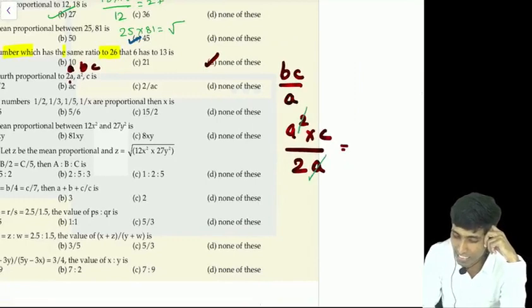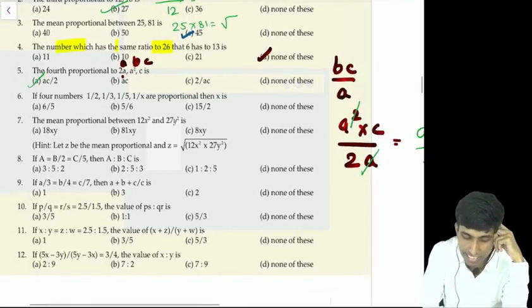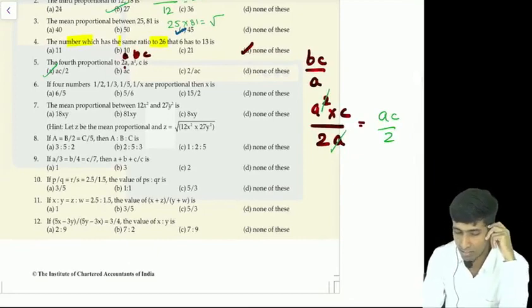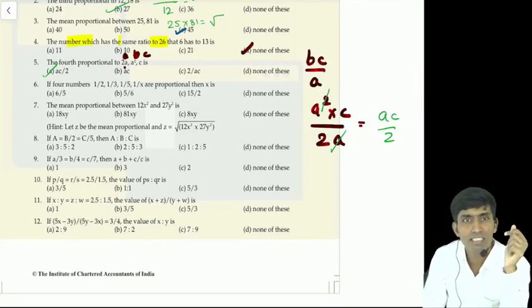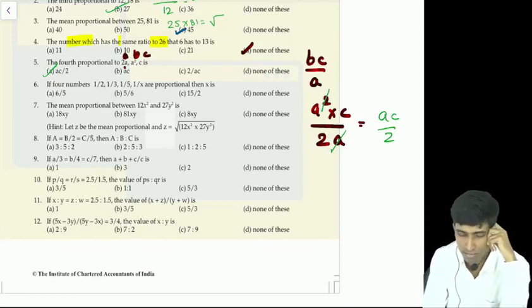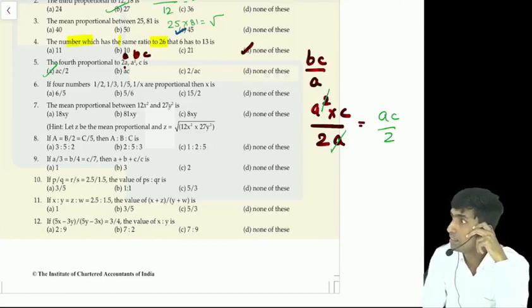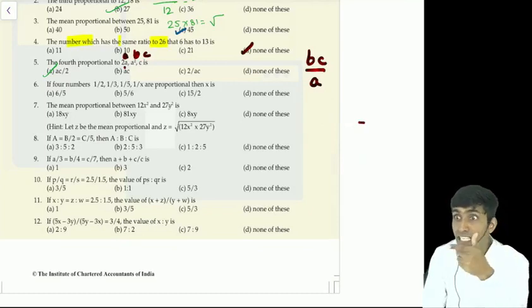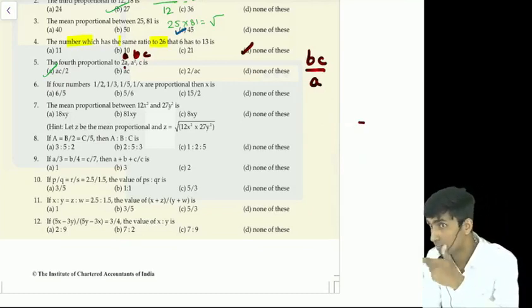This A and this A will get cancelled. So AC upon 2. Check the answer. Easy? Simple. Are you understanding? Shall we proceed? Have you copied? Any doubt?